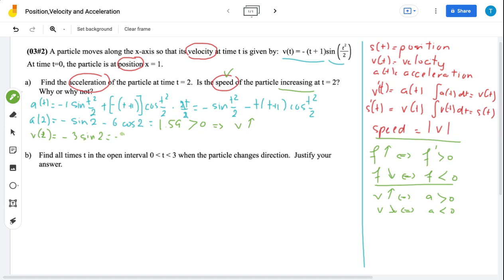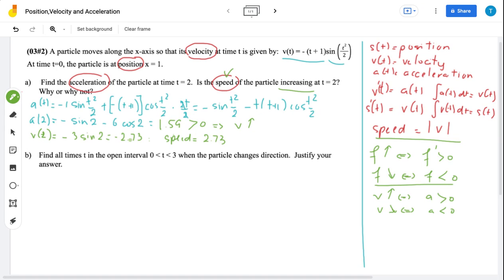So velocity is negative, and that means at that moment, speed is 2.73. So speed is positive.